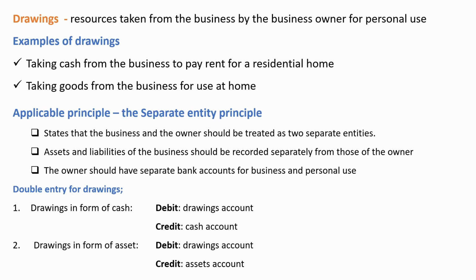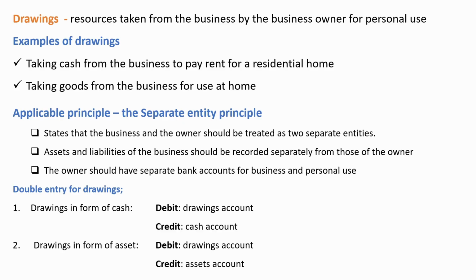So when it comes to drawings, there is a principle that is normally applied. The applicable principle is called the separate entity principle. So this principle states that the business and the owner should be treated as two separate entities, which means that assets and liabilities of the business should be recorded separately from those of the owner.